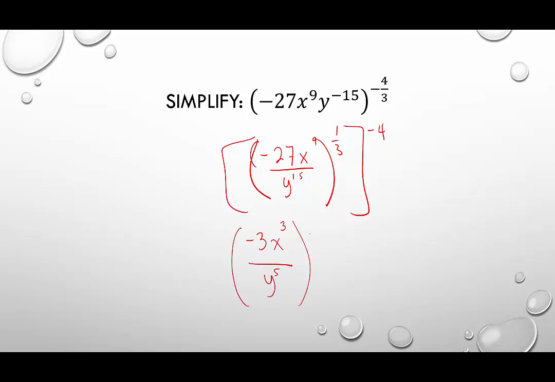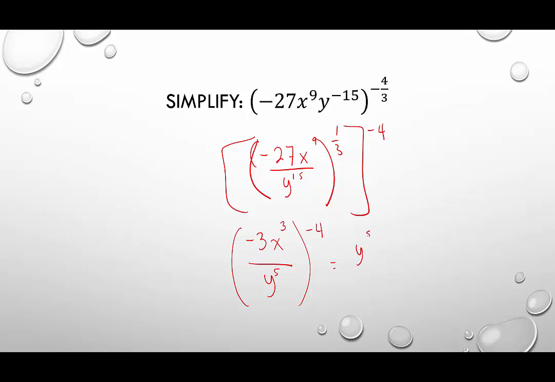Now we're going to take all of this and raise it to the power of 4. Negative 3 to the 4th power, that's negative 3 times negative 3 times negative 3 times negative 3, that's positive 81. x cubed to the 4th would be x, oh wait, hold up here. We have a negative exponent, so I want to perform that negative exponent by taking the reciprocal of the base.